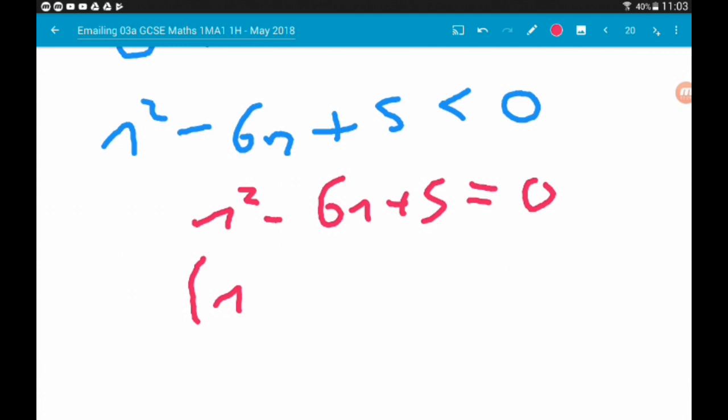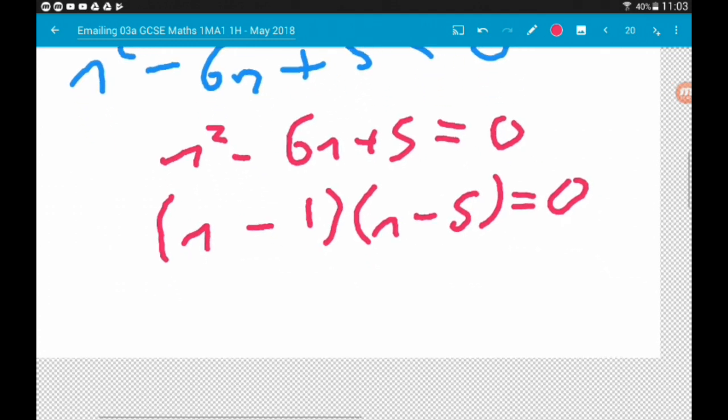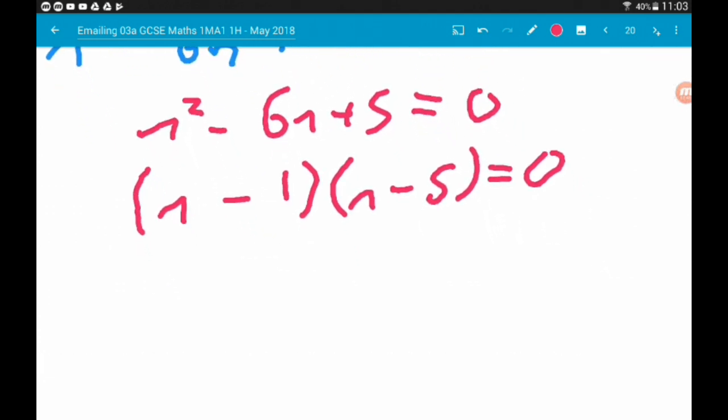So that's going to be n minus 1 times n minus 5 is equal to 0. So that gives us solutions n is equal to 1 and n is equal to 5.